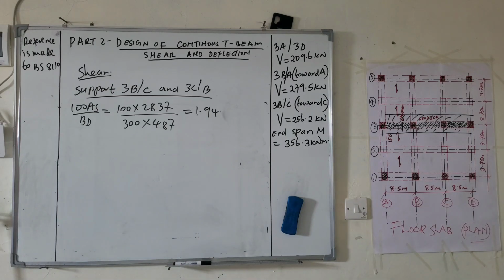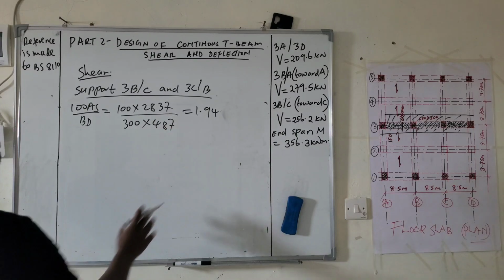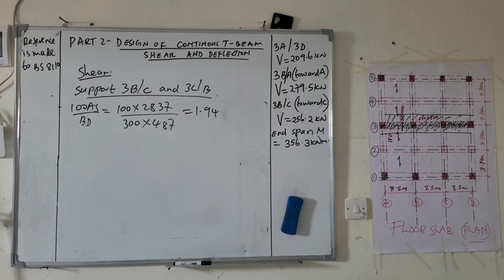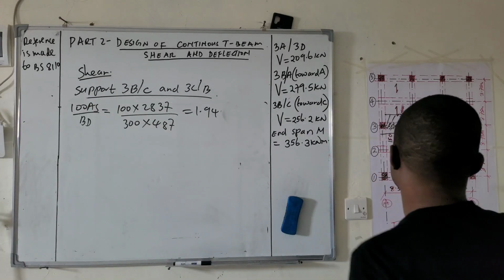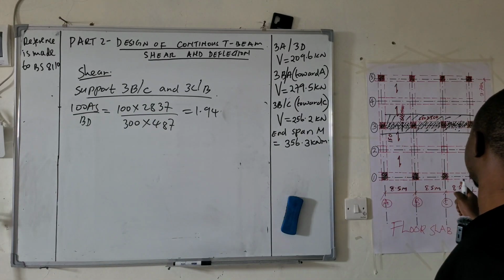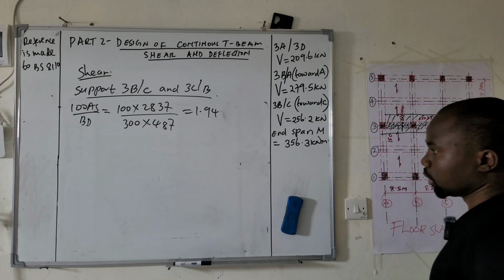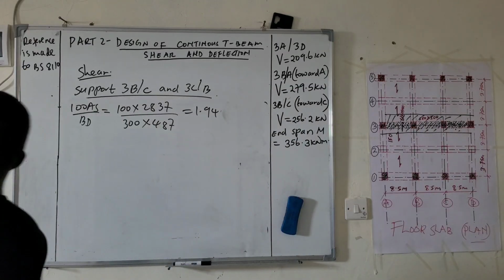So 1.94. Then our VC, this is the same calculation we have done for support 3BA and 3CD. So there is no need to repeat ourselves.